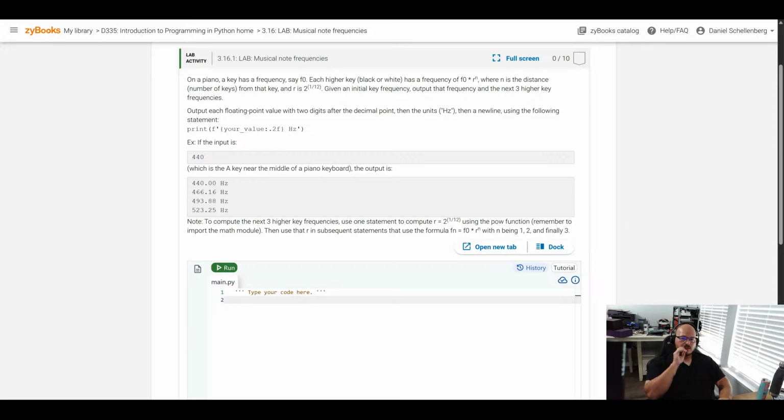Oh, the pow function instead of asterisks. Remember to import the math module, then use that R in subsequent statements that use the formula Fn equals F0 times R to the n, with n being 1, 2, and finally 3.